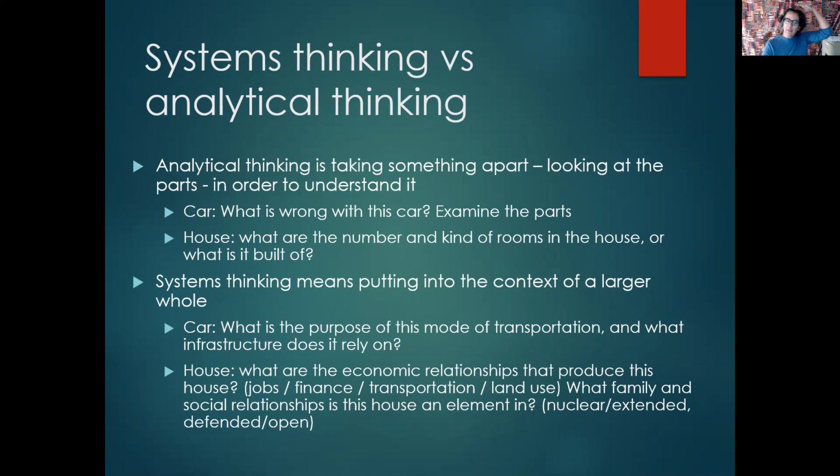With systems thinking, typically you're putting the thing into the context of a larger whole and some purpose for which it is produced. So for a car, what's the purpose of this? I just put mode of transportation. I'm already suggesting a purpose for a car. But some cars are not part of the transportation system at all.